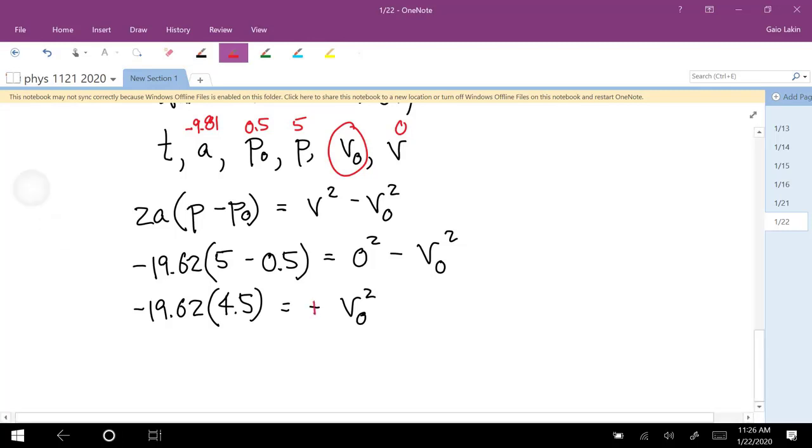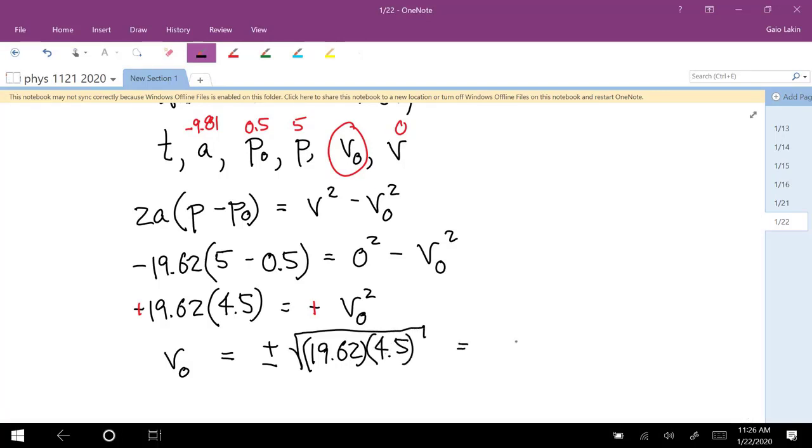Multiply both sides by negative 1, and you get that v0 is the plus or minus square root of this thing, 19.62 times 4.5. Okay, 9.39. And this is plus or minus.